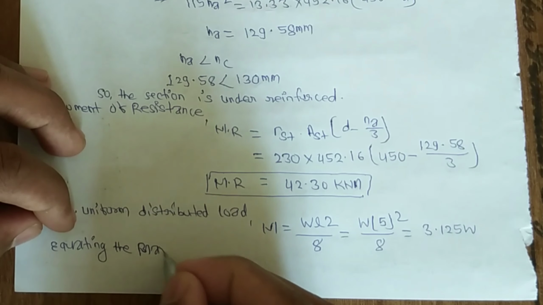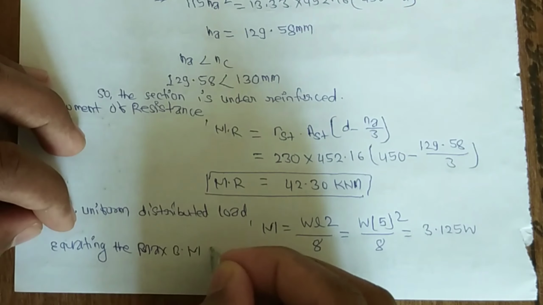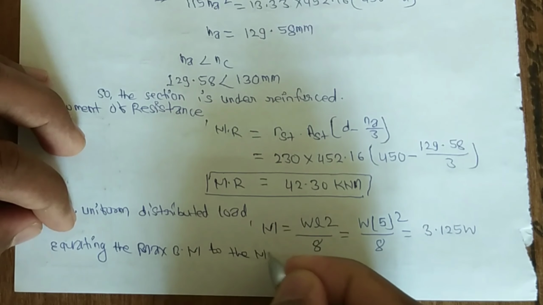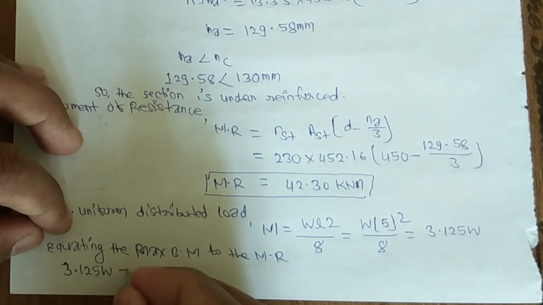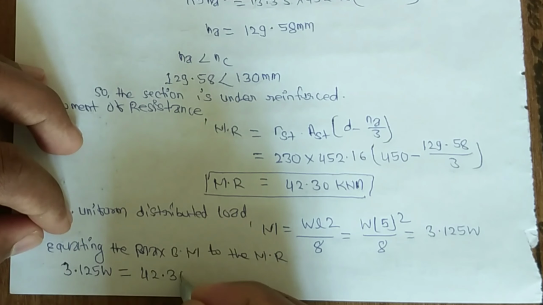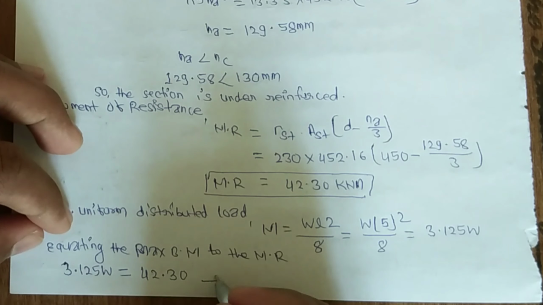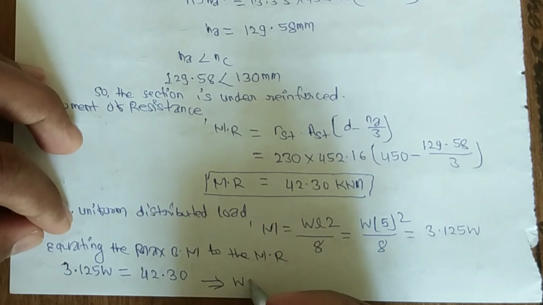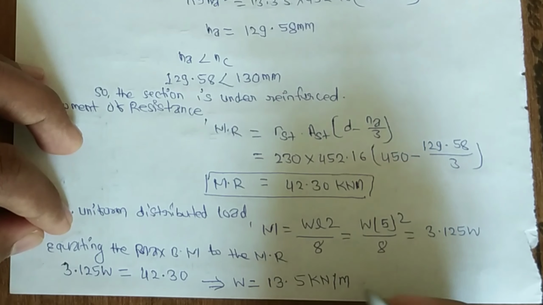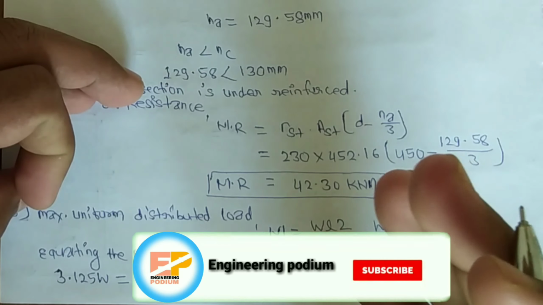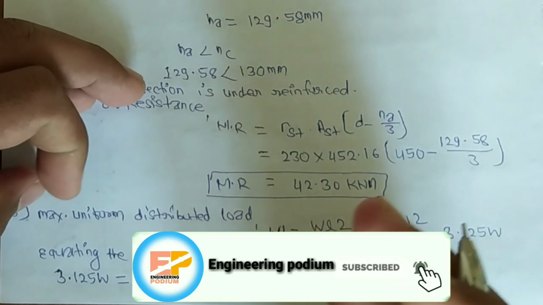Equating the maximum bending moment to the moment of resistance: the maximum bending moment we got 3.125 w, and the moment of resistance we calculated 42.30. So w is equal to 13.5 kilonewton per meter.